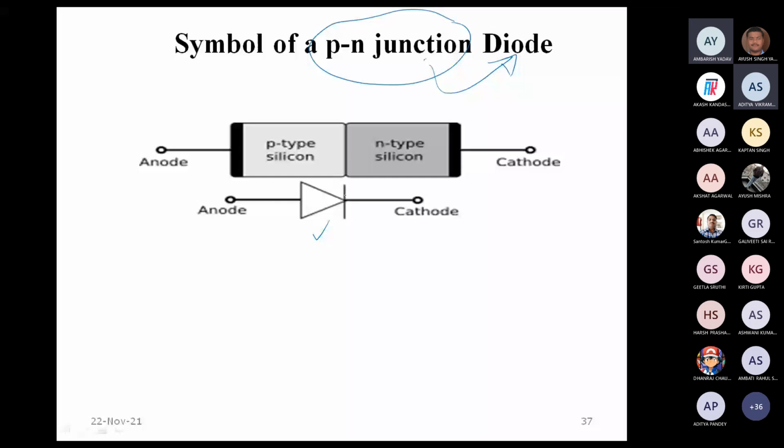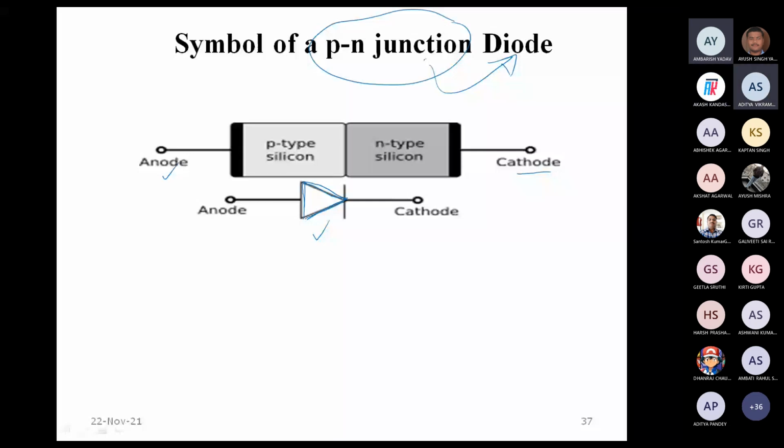The n side is called the cathode, and the p side is called the anode. To distinguish the anode and cathode, we have this triangle pointing in one direction, just to show the direction of current when it is forward biased.